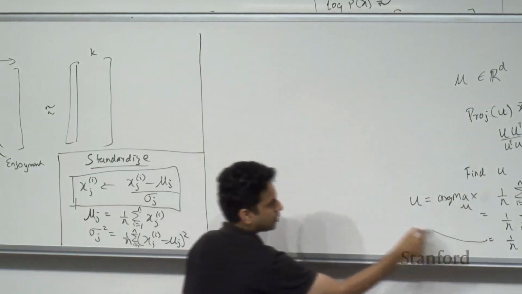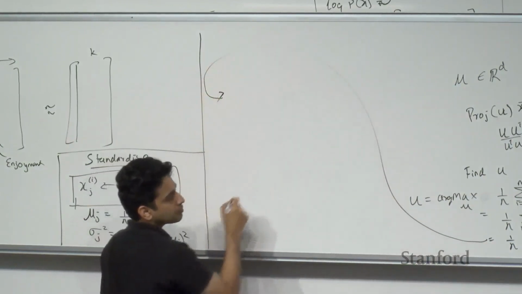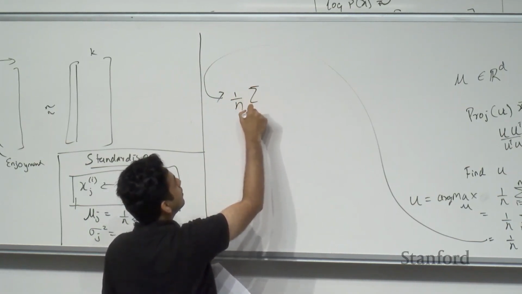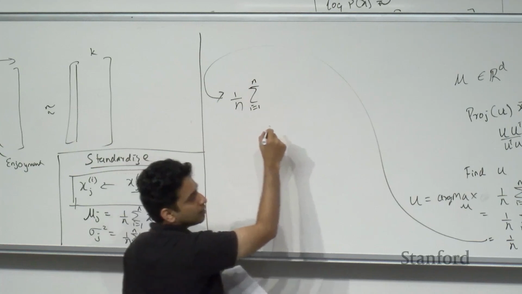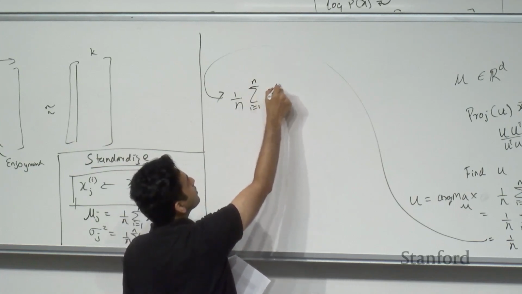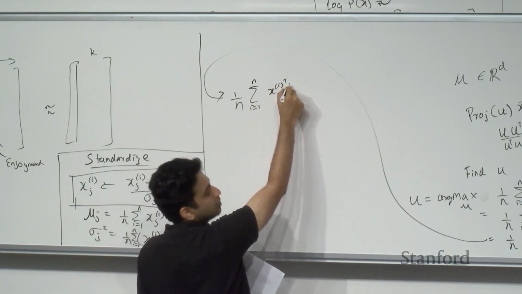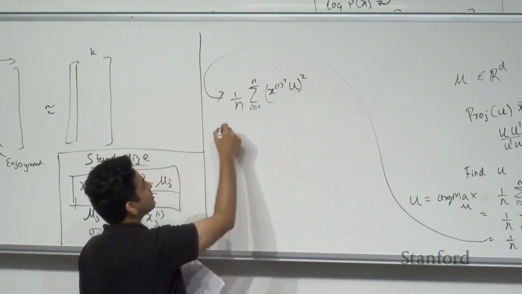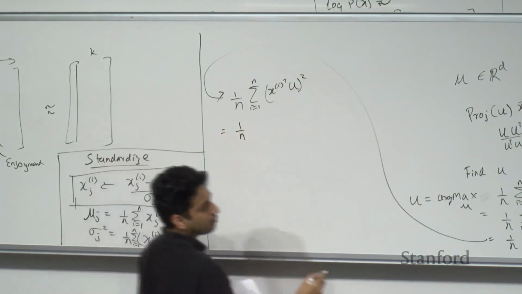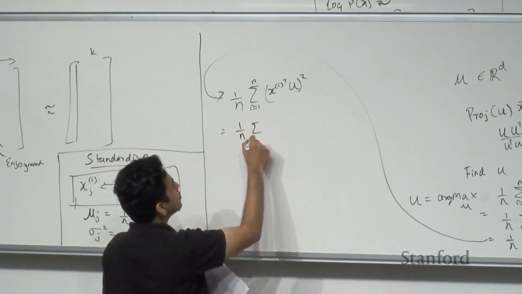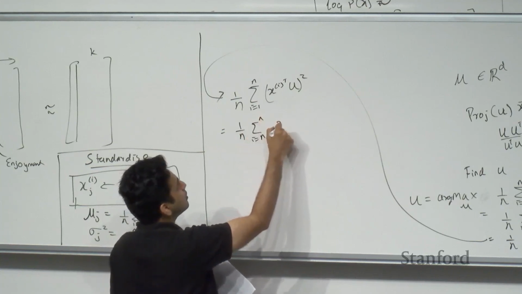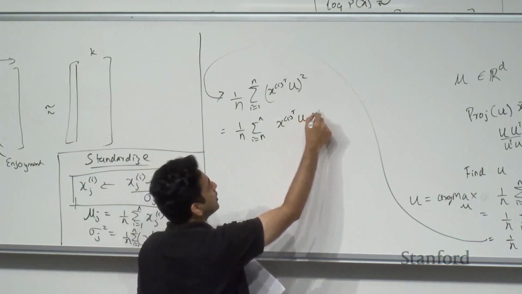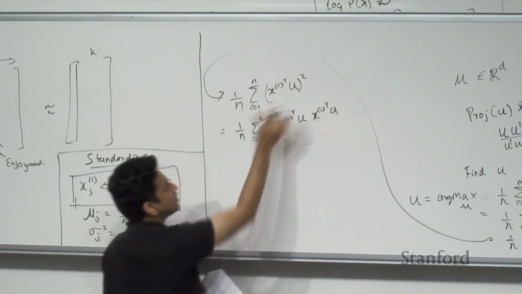So this step, I'm going to write it here: 1 over n sum i equals 1 to n (xi transpose u) squared. This is the same as 1 over n sum over i of xi transpose u times xi transpose u, it's just the square.